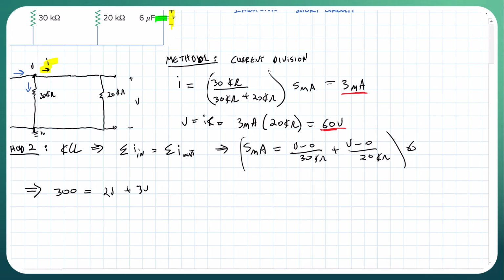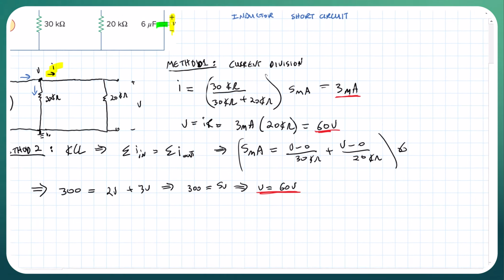Okay, and then we just simply solve for that. We get 300 equals 5V, and then V equals 60 volts. Okay, it's a little longer way of getting the same solution, but now we've solved for V.